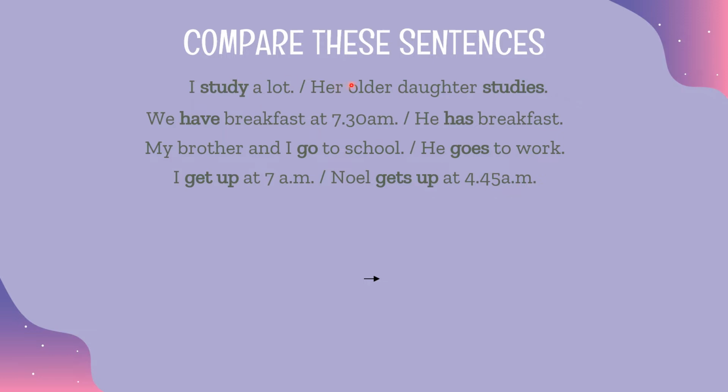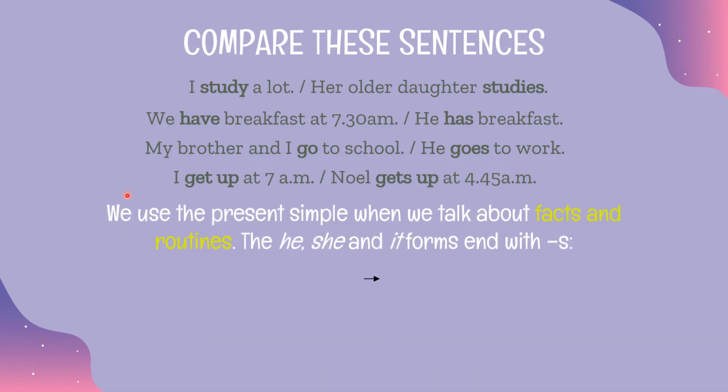Now, compare these sentences with the words that I've bolded. Study, studies. Have, has. Go, goes. Get up, gets up. Can you see the difference? Now, we use the present simple when we talk about facts and routines.